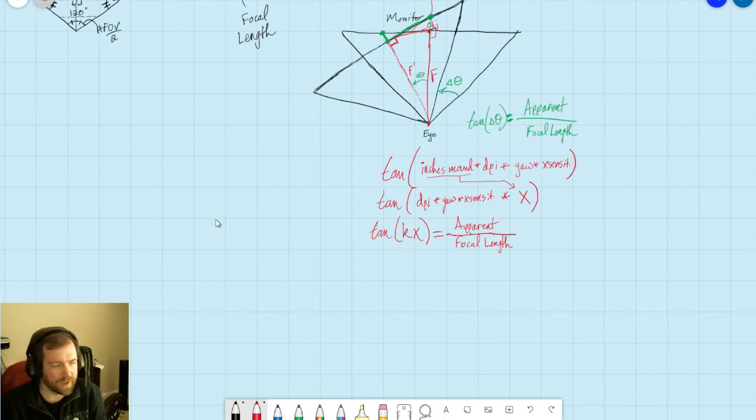Right, so it cannot possibly be linear. It's got to be a function of a tangent, which is always fun.